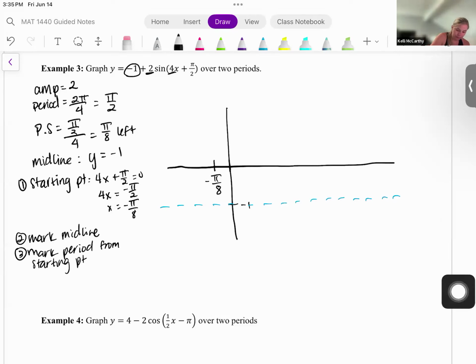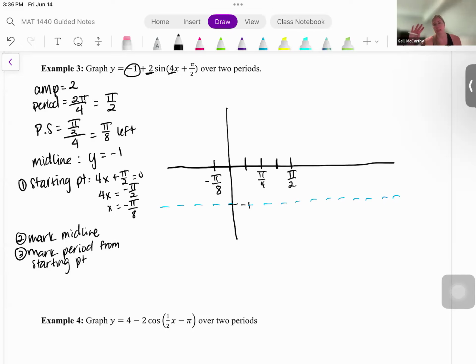So here's 0, here's going to be 1 pi over 8, 2 pi over 8, which if I write this out, we can see that that's pi over 4. Three pi over 8, 4 pi over 8, so here's pi over 2. So I'm just marking some of these. And we need to go pi over 2 units to complete one period.